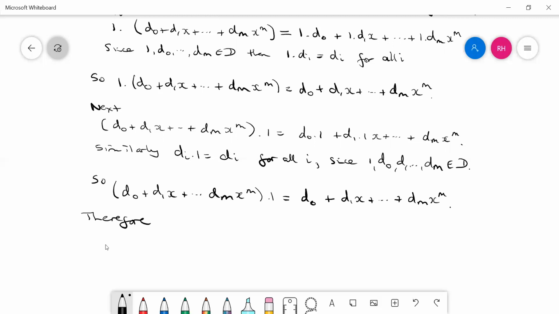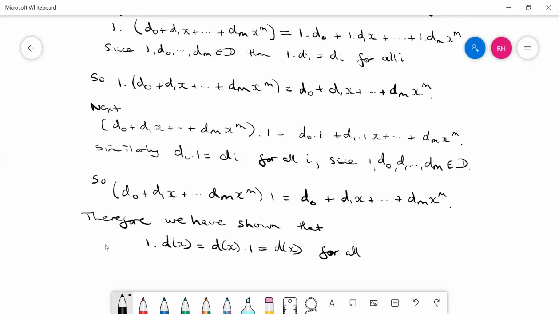But here, therefore, we have shown that 1 times any polynomial in D[x] equals that polynomial times 1, which equals the polynomial, for all of these polynomials that are elements of the integral domain D[x].